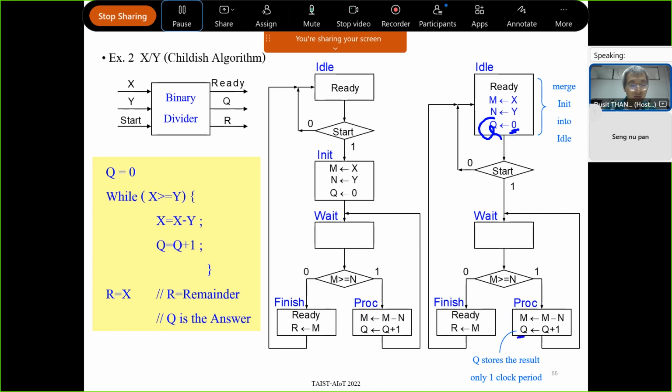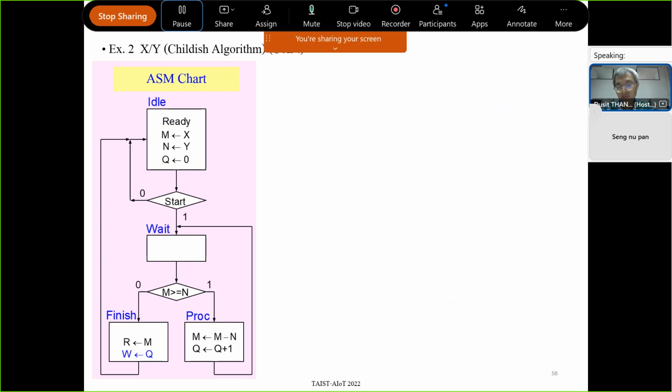So the answer from the previous calculation in Q has a very short lifetime. If you don't want Q to be cleared, you should add another variable to keep the answer. In this case, I add W to keep the answer.